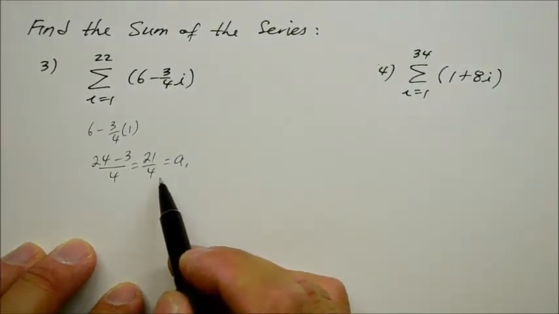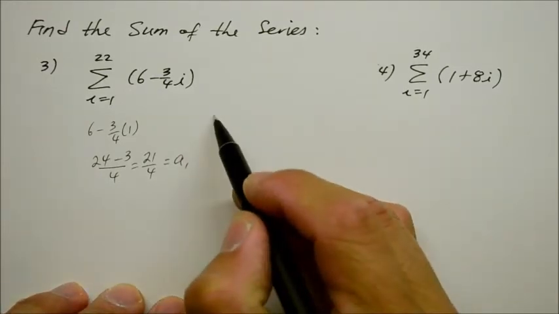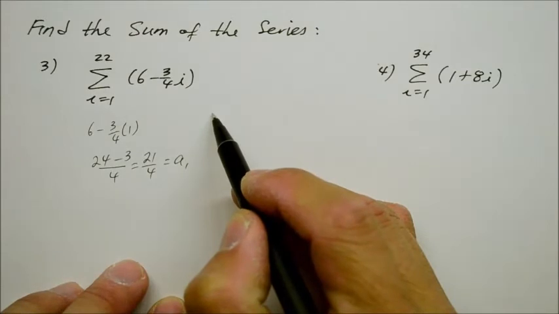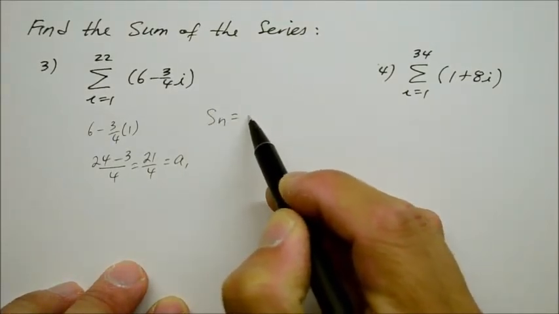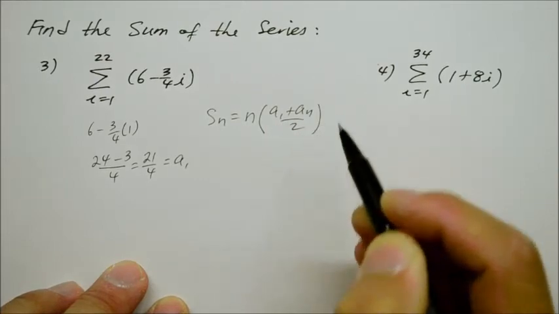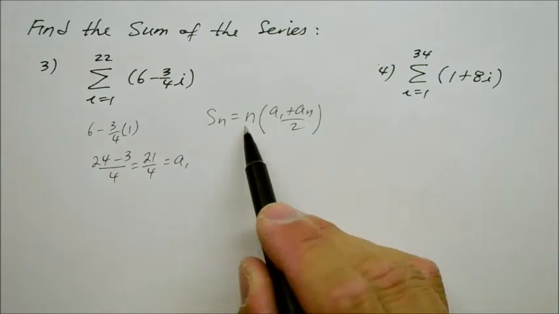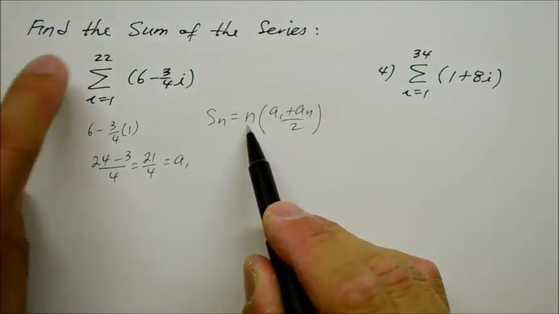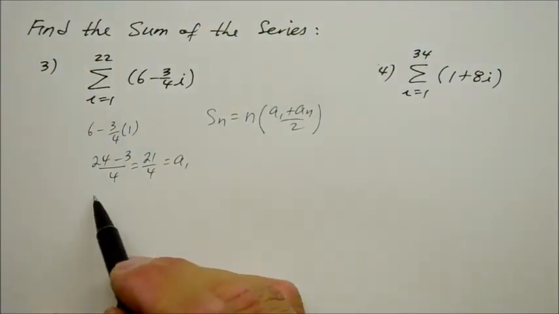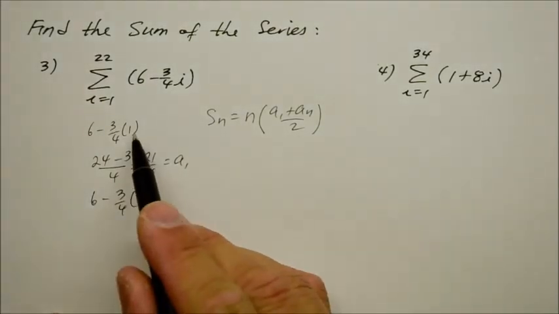And the last one, because that's all we need to know when we use the sum of the arithmetic series, given as S of n is equal to n times a sub 1 plus a sub n over 2. That's all we need to know. A sub 1, the initial and the last, divided by 2, and the total number, the upper limit, 22 that is. So to find that one, now we go 6 minus 3 over 4 times the last of the series.